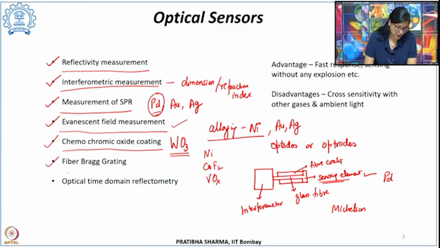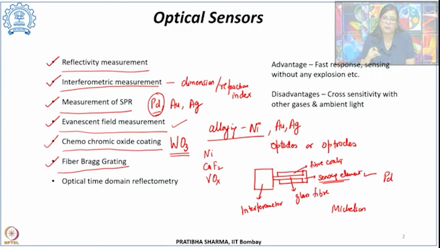Another method could be fiber Bragg grating. Now the grating is etched onto the core of the optical fiber, and this provides a periodically modulated refractive index, and on that grating surface a hydrogen sensitive material like palladium is deposited.